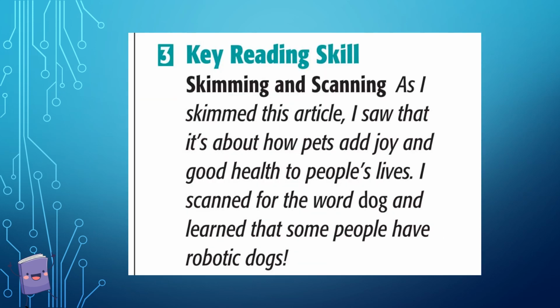Key reading skill number 3 is skimming and scanning. As I skimmed this article, I saw that it's about how pets add joy and good health to people's lives. I scanned for the word dog and learned that some people have robotic dogs.